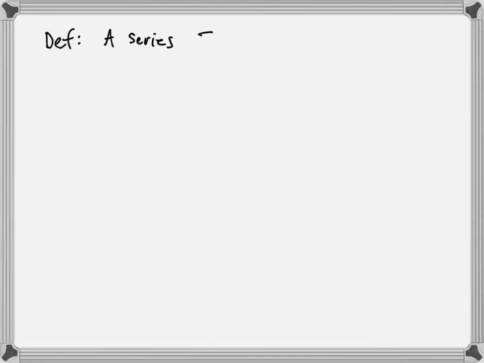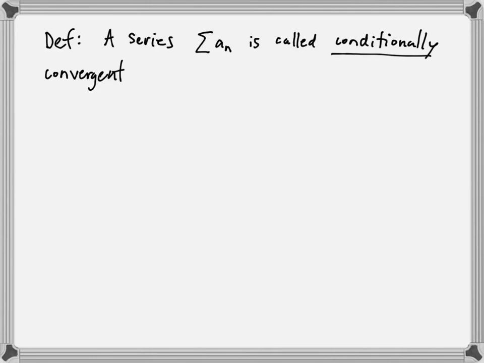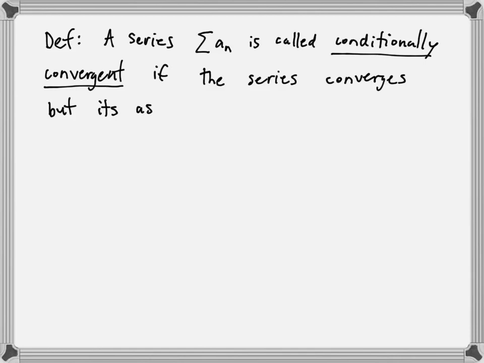A series is called conditionally convergent if, let me write it this way, if the series converges but its associated series diverges.